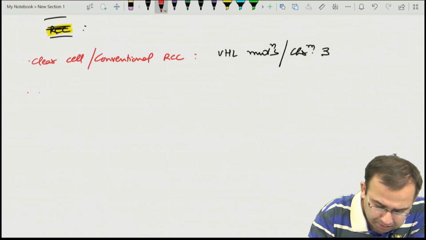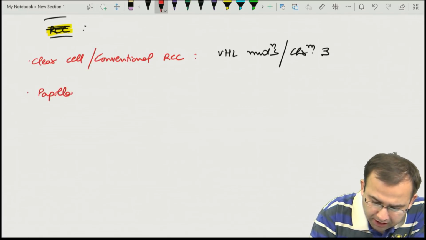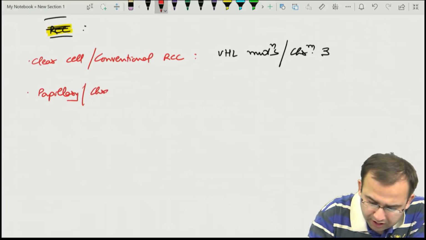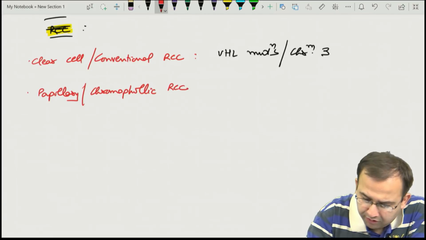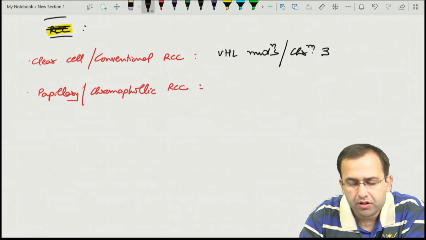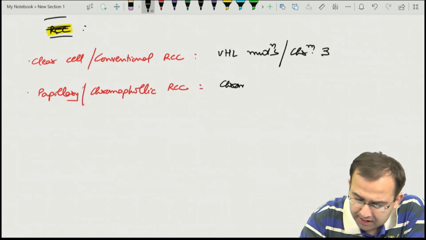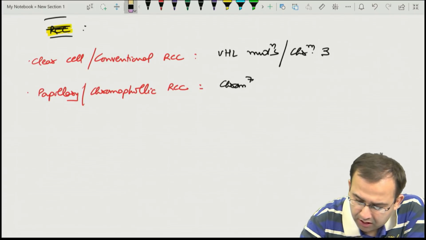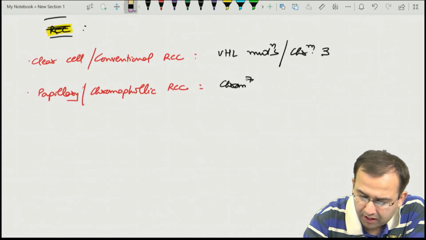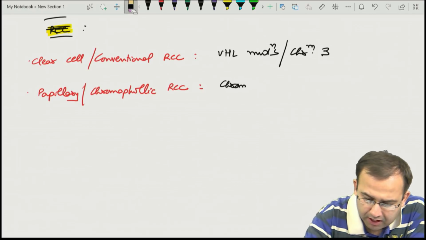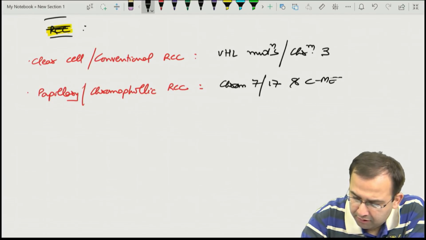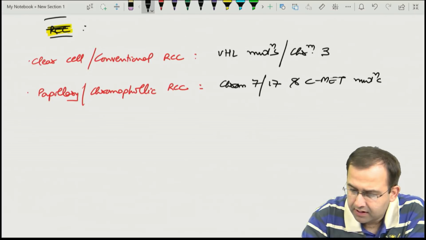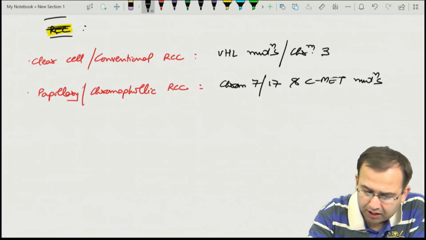Next is papillary or chromophilic RCC, associated with chromosome 7, 17 and CMET mutations.